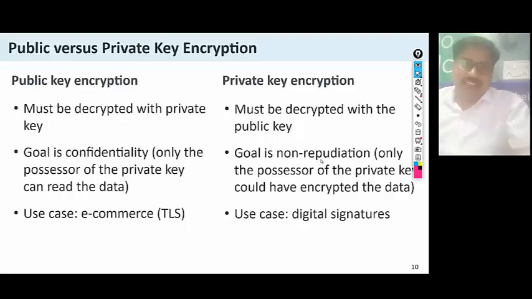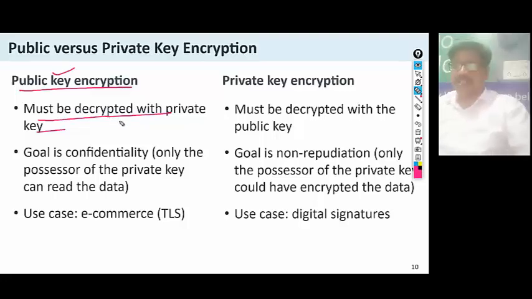Now, the versus: public key and private key, and the difference. It is quite simple. Public key encryption must be decrypted with the private key. If the public key has done the encryption, only the private key can decrypt the data.